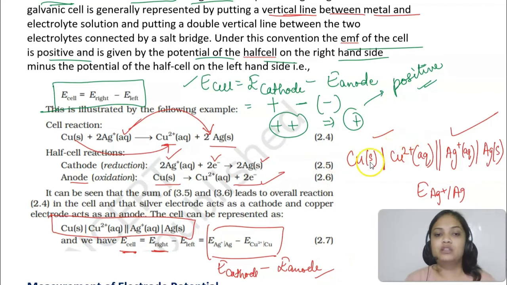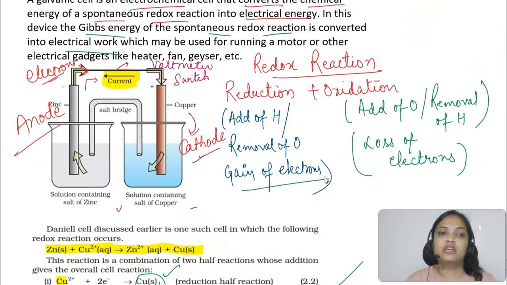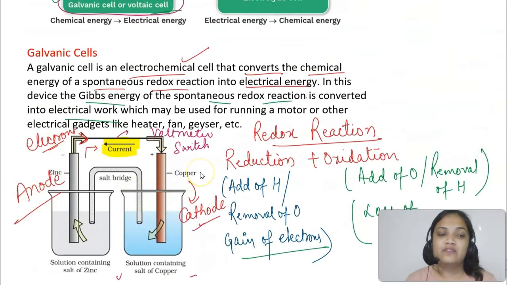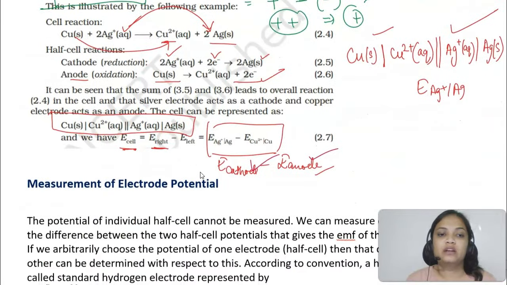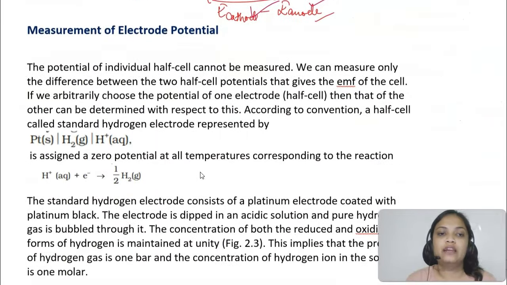Now my question is how to calculate these E cathode and E anode values. How will we get these values in the case of a galvanic cell or an electrochemical cell? That's what we will be discussing in the measurement of electrode potential.